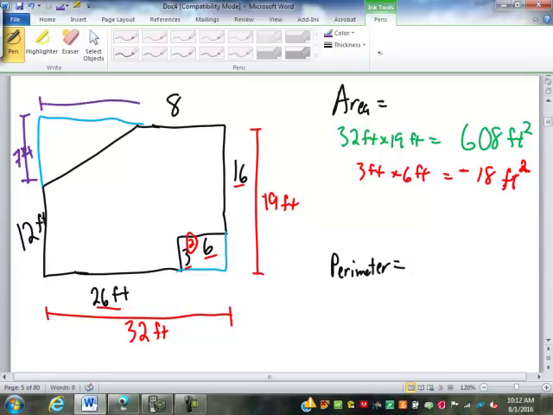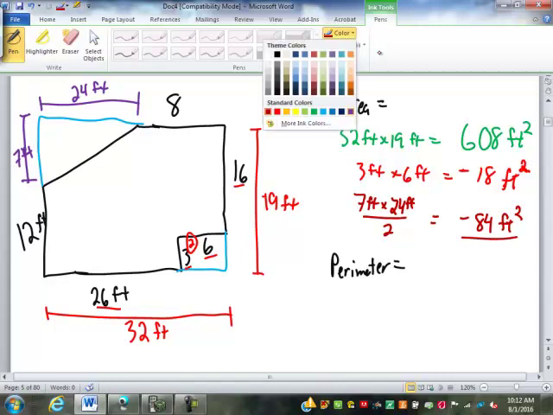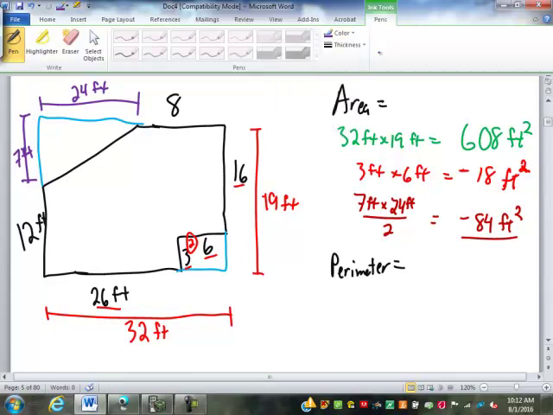And this dimension here, 24 feet. So that area is 7 feet times 24 feet divided by 2 because it is a triangle, which is 84 square feet. We subtract that all out and we get 506, I believe, square feet.